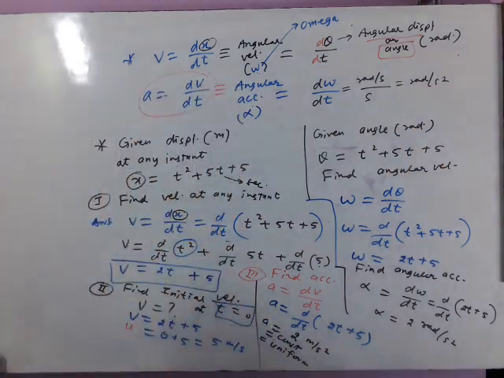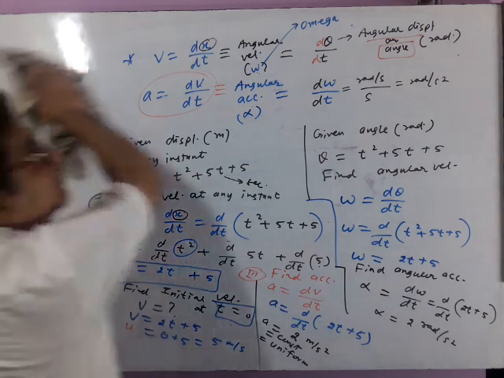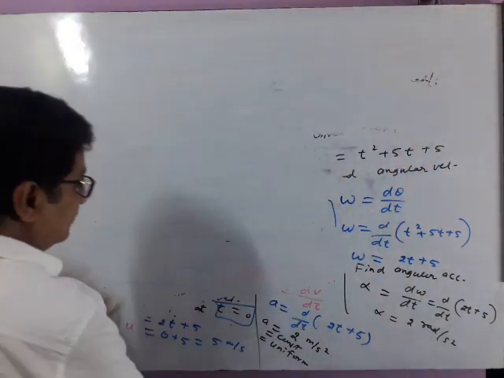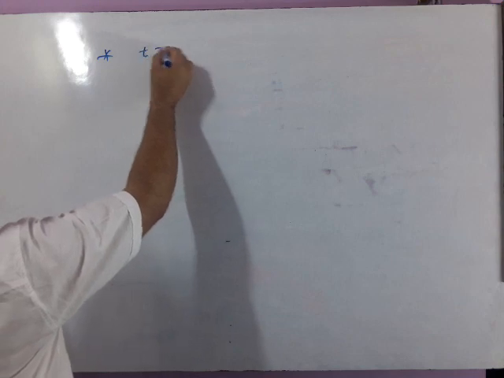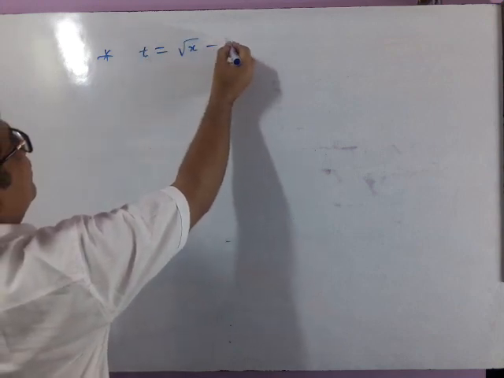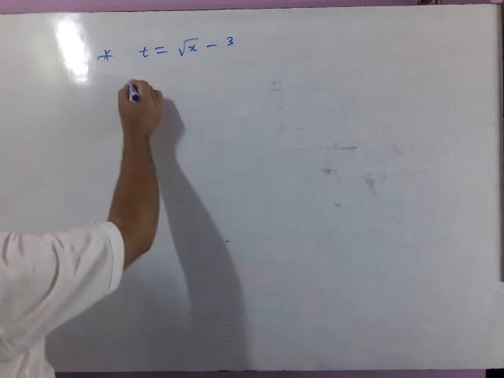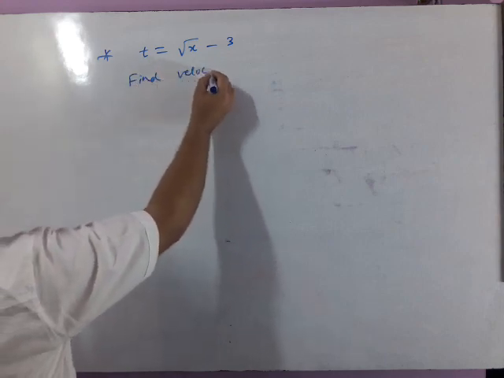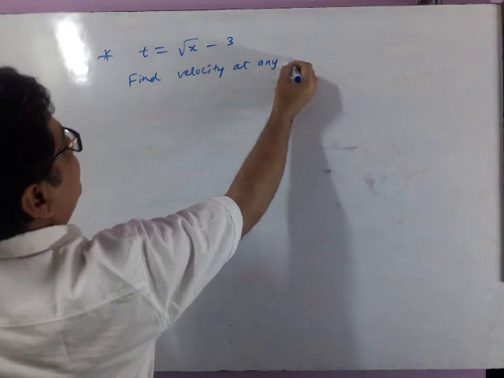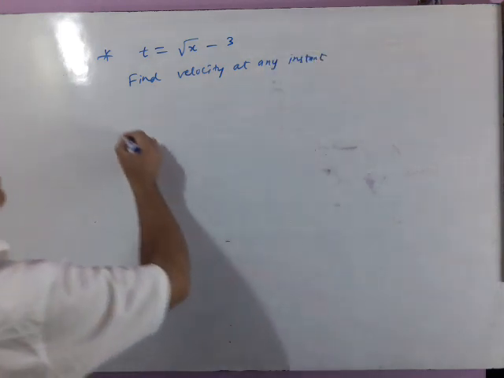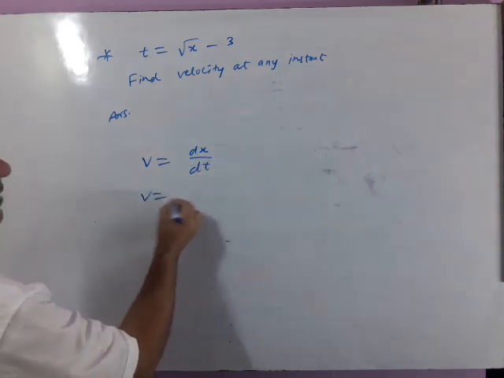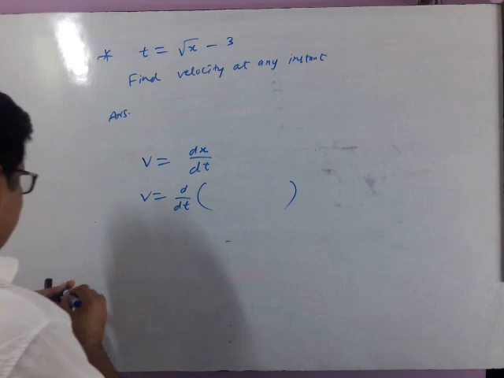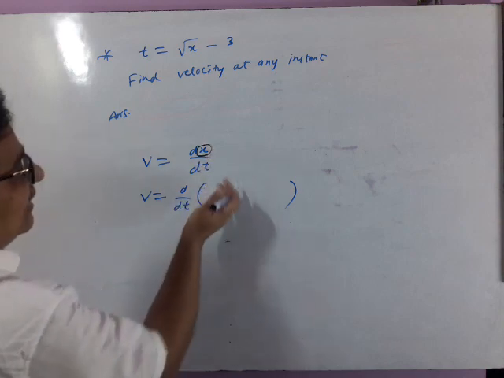Now this is the introduction to numericals. Now see, if you are given like this, t is root x minus 3, and you are asked to find velocity at any instant, then you know velocity is dx by dt and you require this x. If this x is given directly, input it.